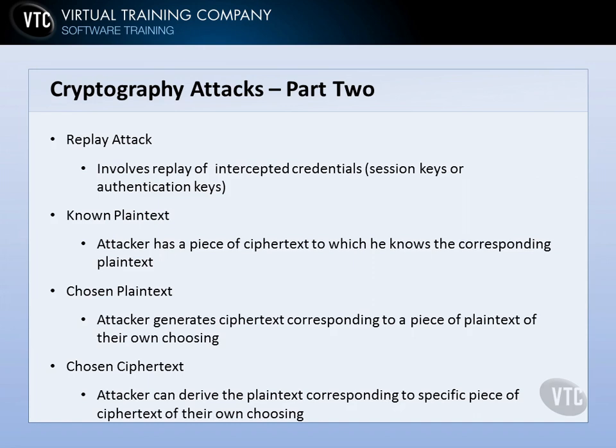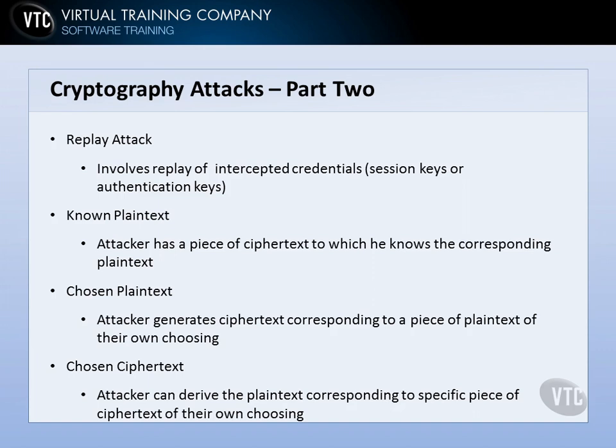We also have a chosen ciphertext attack, and the attacker in this case can derive the plain text corresponding to a specific piece of ciphertext of their own choosing. So they have several pieces of ciphertext, and the goal is to take the ciphertext and derive or figure out what the plain text is based upon that. And again, it may involve comparison.